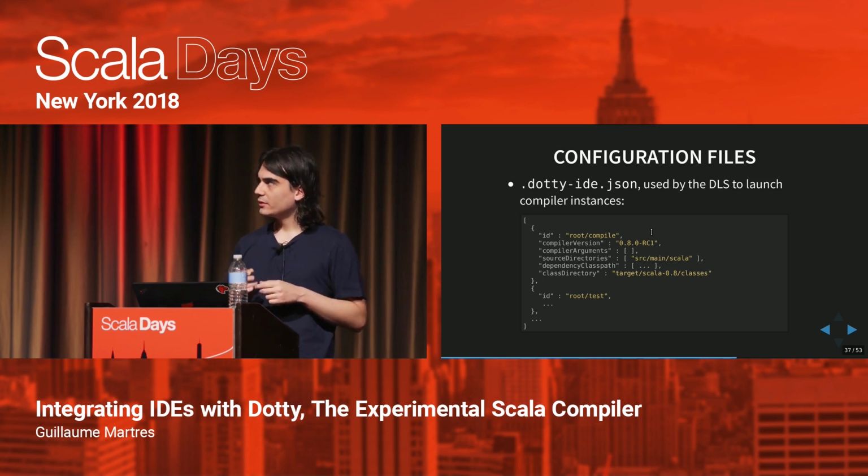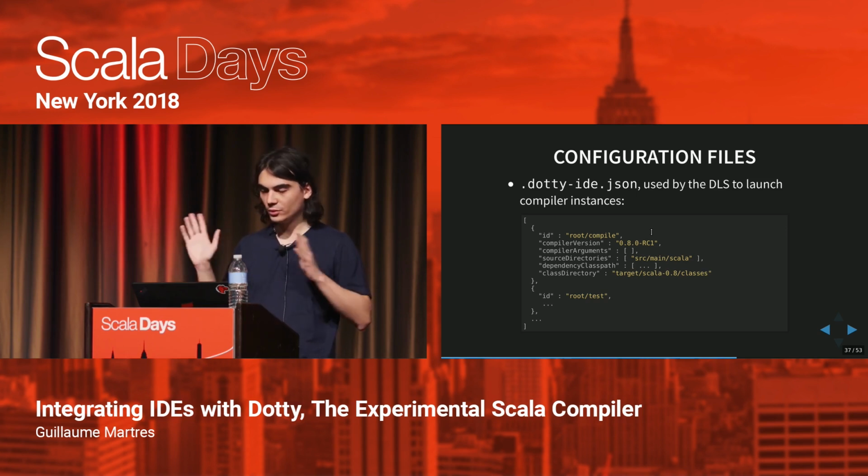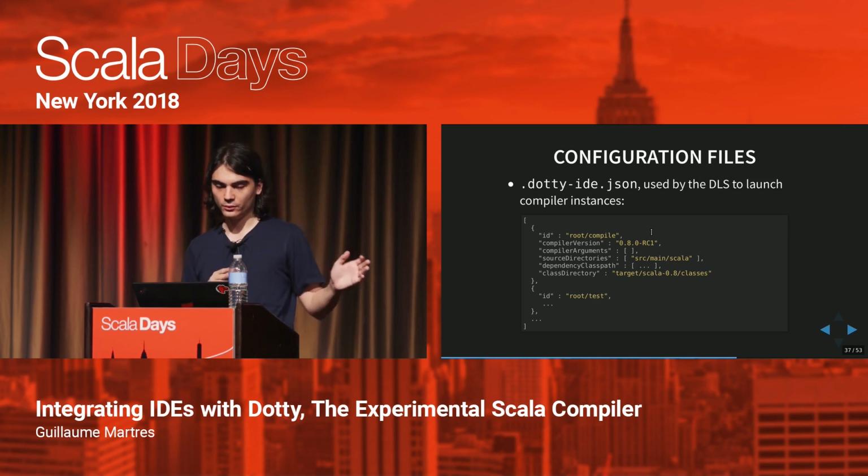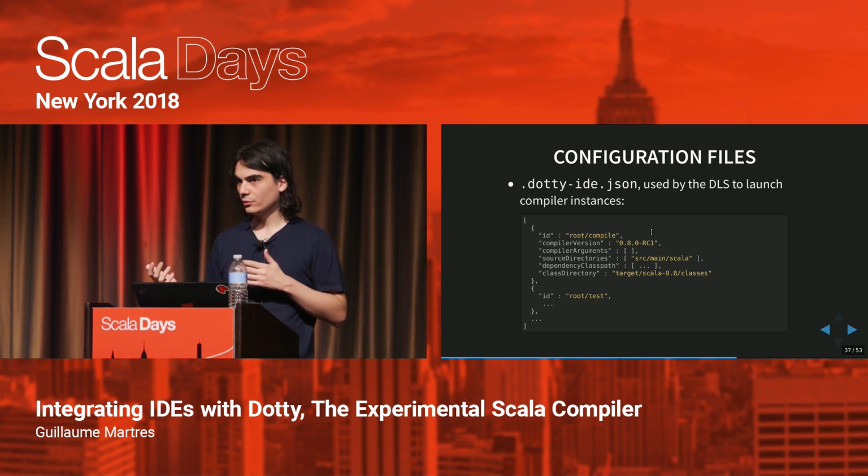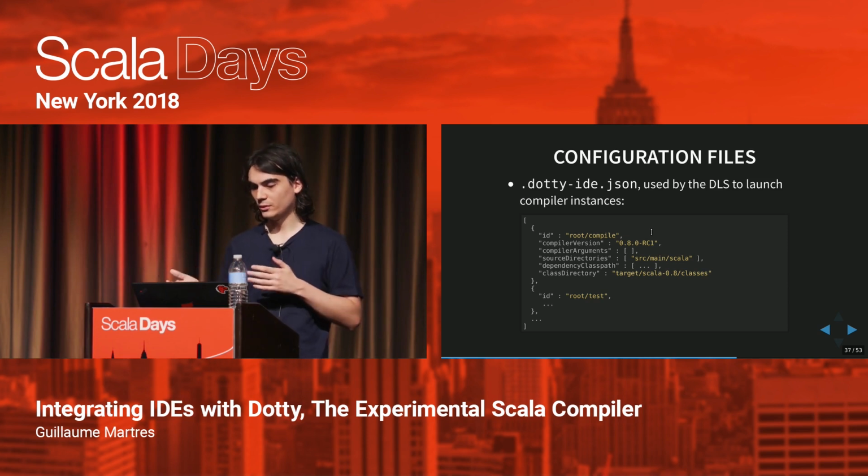So all of that is very annoying to maintain, of course, because if you want to support multiple build tools, you need to make a bunch of plugins, and you need to make sure that they all do the same thing. And then you still have the issue with synchronization, because between the time that you generated that file and the time that the user opened the IDE, maybe something changed.